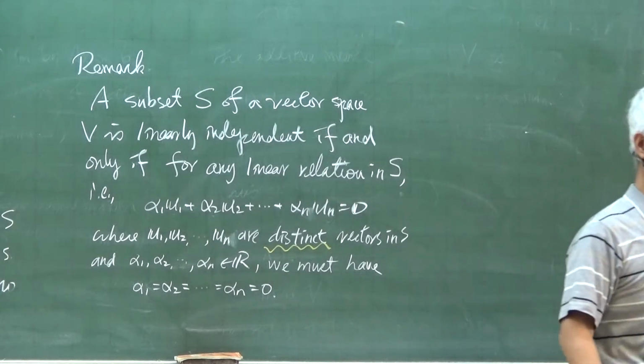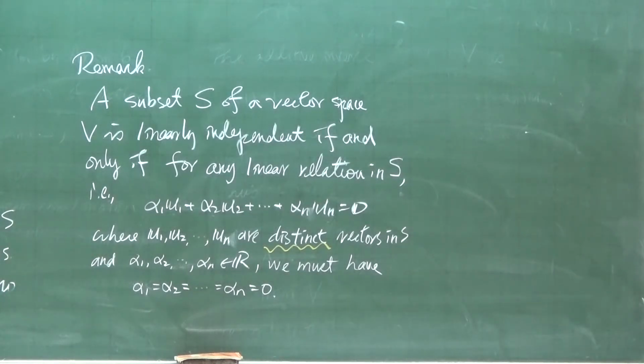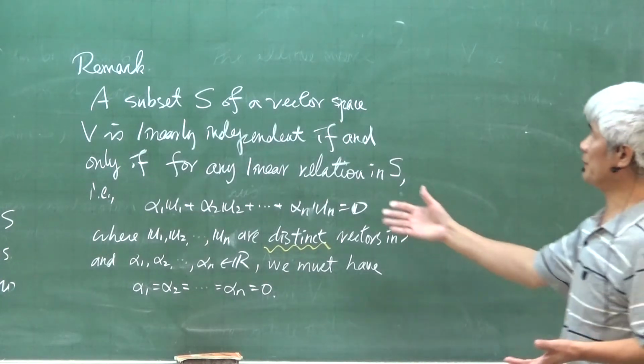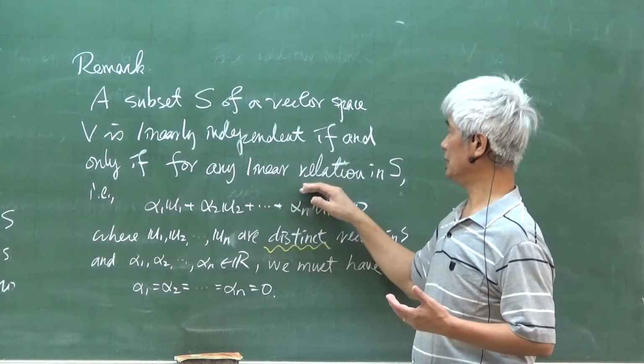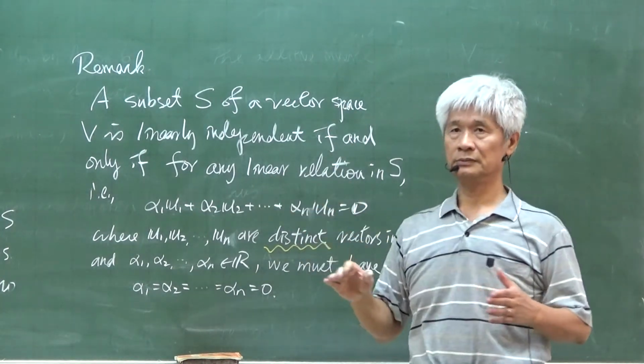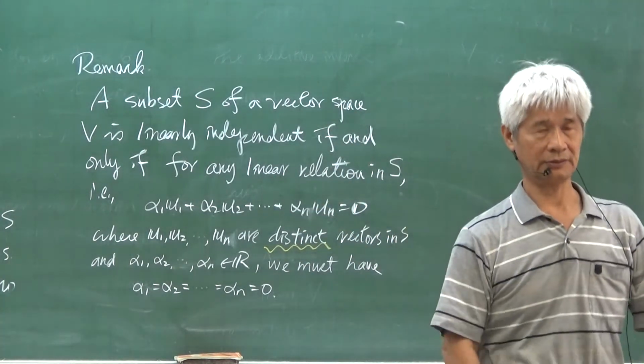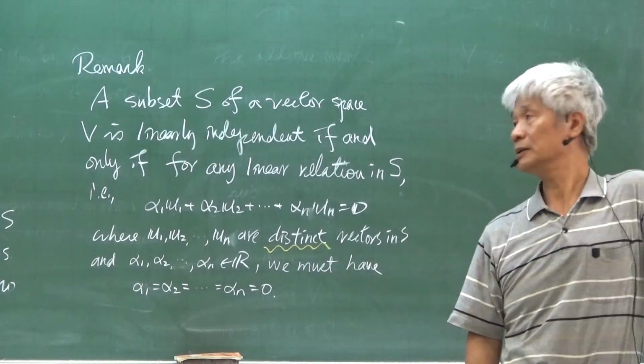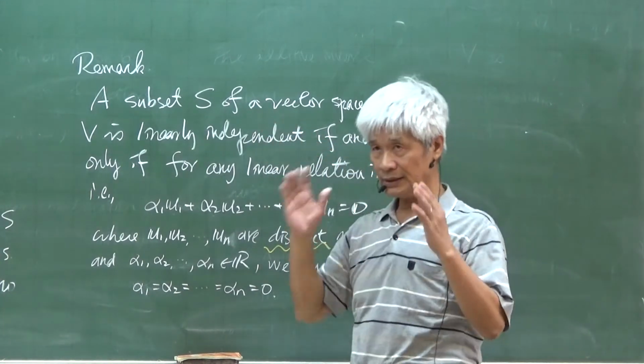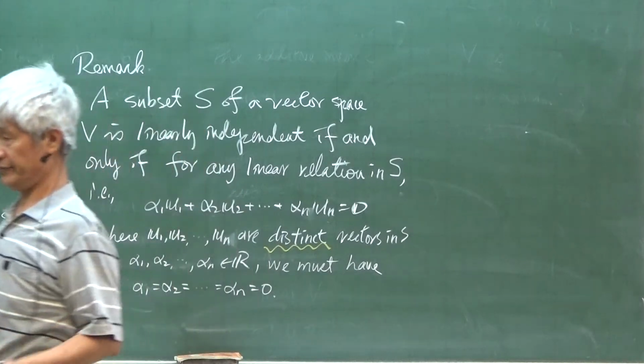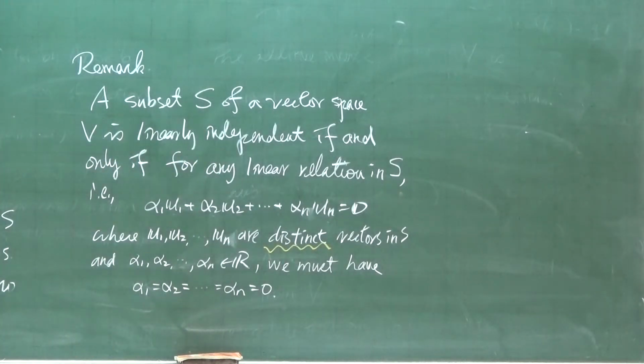All the coefficients must be 0. So all the possible linear relations must be trivial. A subset is linearly independent if and only if it can have only trivial linear relations. Nothing else.